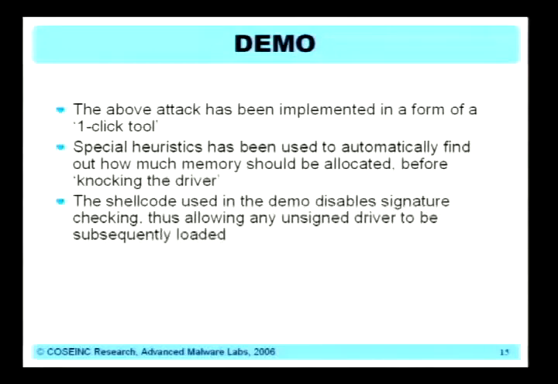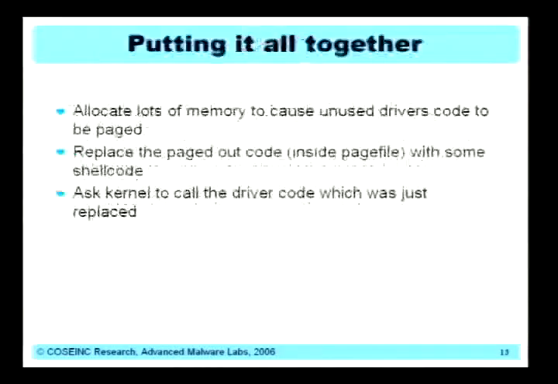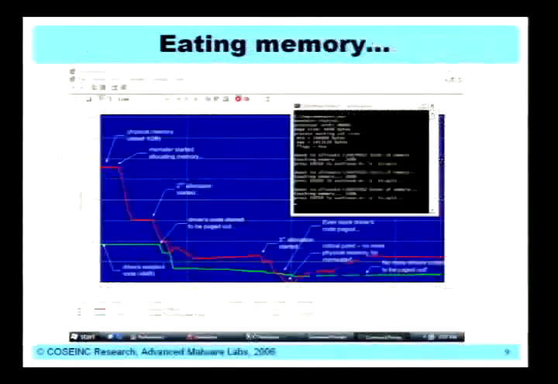You cannot check from user mode whether any given code section of any given kernel driver has been paged out or not. So we need to find a good heuristic for doing that. And this heuristic is based on this graph. We're just trying to find out when this green line becomes flat.